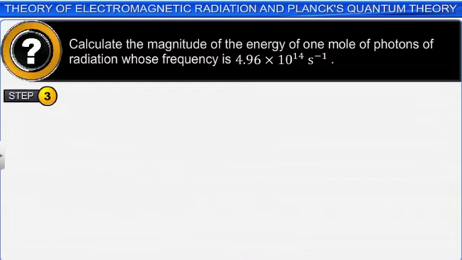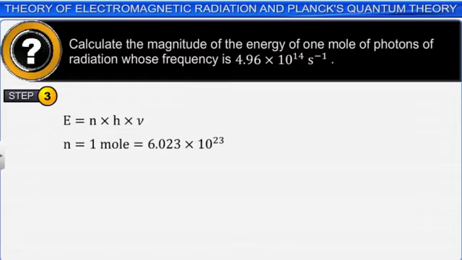The third step involves writing the expression to calculate the energy associated with 1 mole of photons. That is, E equals nh nu. Here, n is equal to 1 mole, that is 6.023 multiplied by 10 raised to the power of 23.